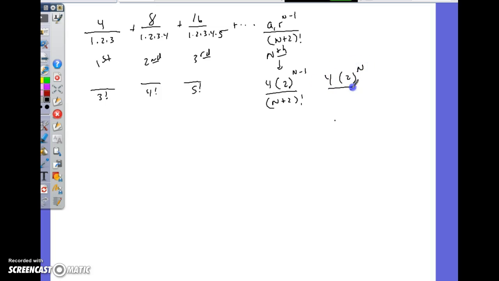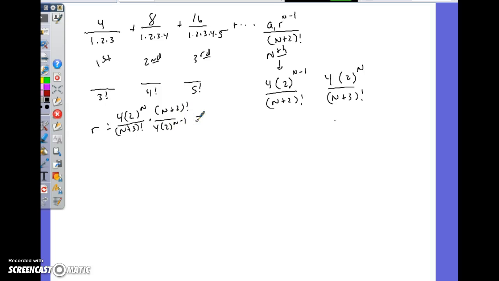2 to the n, which would be 1 more, n plus 3 factorial. So now I'm going to do my ratio test. I'm going to find my ratio. My ratio would be 4 times 2 to the n over n plus 3 factorial times, flip, n plus 2 factorial over 4 to the 2n minus 1.